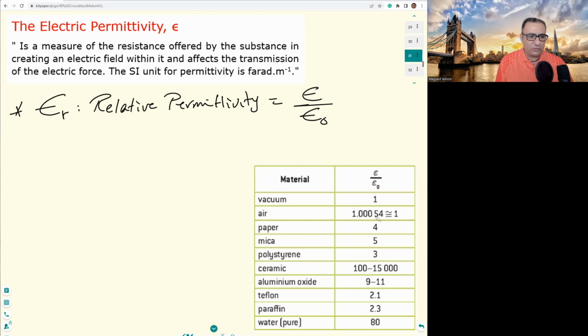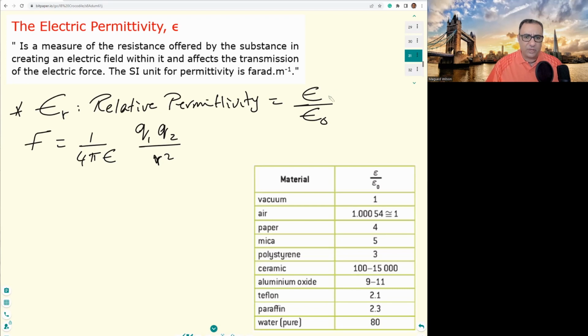So now I'm going to write down the general form of Coulomb's law. Instead of k, I cannot use k. I will just say 1 over 4 pi epsilon only, not epsilon naught, because here epsilon is for any medium, right? Multiplied by q1 q2 over r squared. Okay, so in this case I need epsilon.